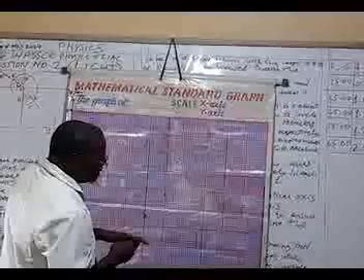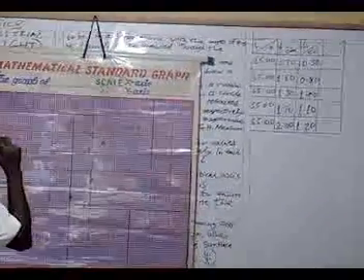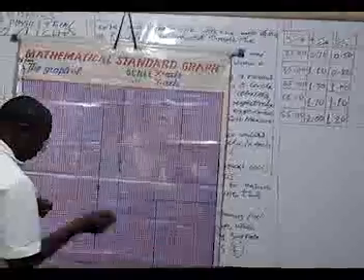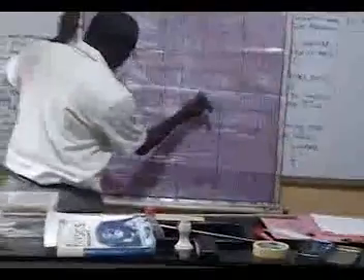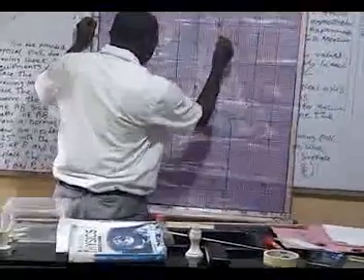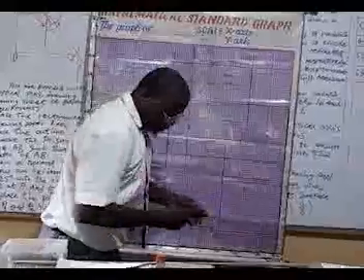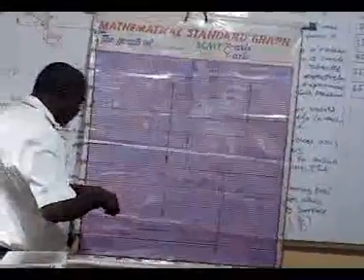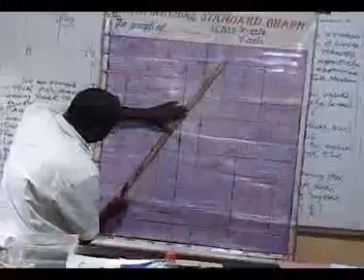The last but not the least, when D is equal to 2, L is equal to 1.2. Now, after that, we join the points together.